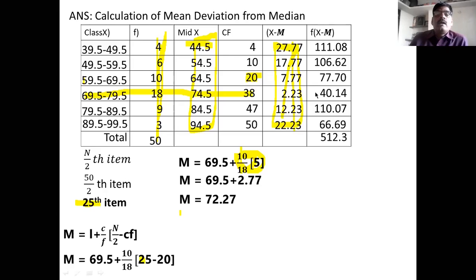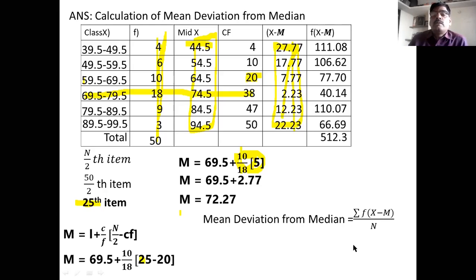After completing this table, you apply the equation. Mean deviation from median is equal to summation of f into x minus m divided by n. Summation means this sign is nothing but the total of the column. Remember this.